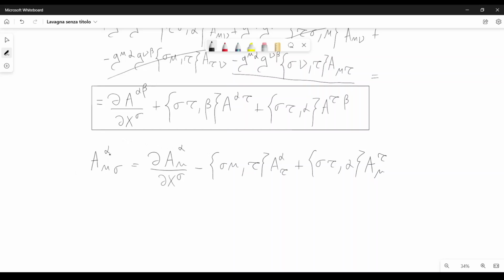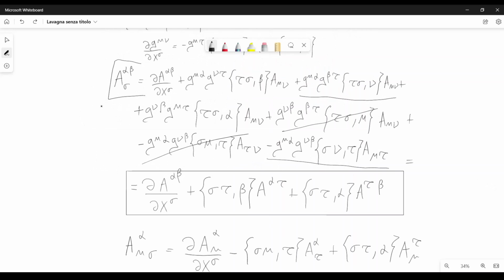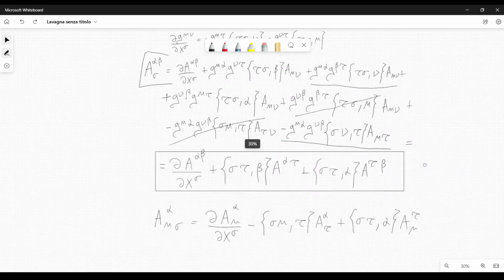And now let's consider this formula here, which starts here, A^{αβ}_{;σ} equal to this expression. We are going to contract the indices beta and sigma.